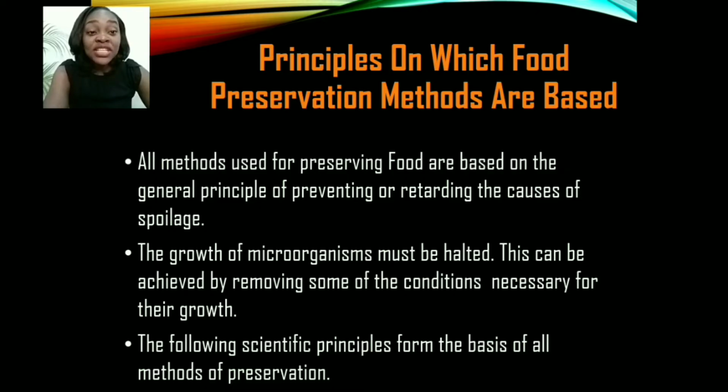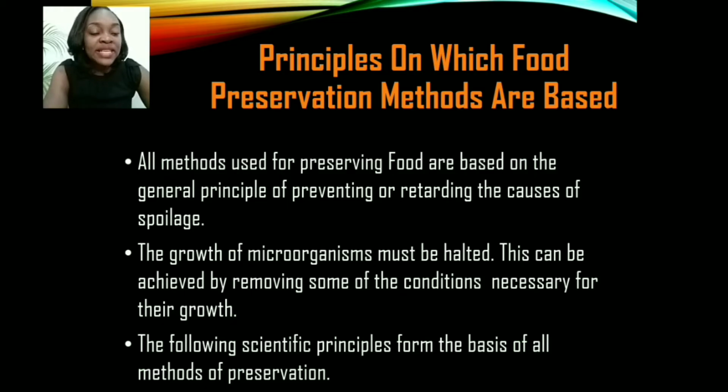This can be achieved by removing some of the conditions necessary for their growth. Now, what are some of the conditions that are necessary for microorganisms to grow or reproduce? You remember that session we looked at foodborne illnesses and also food spoilage? So we speak of time, temperature, warmth, and also moisture, right?